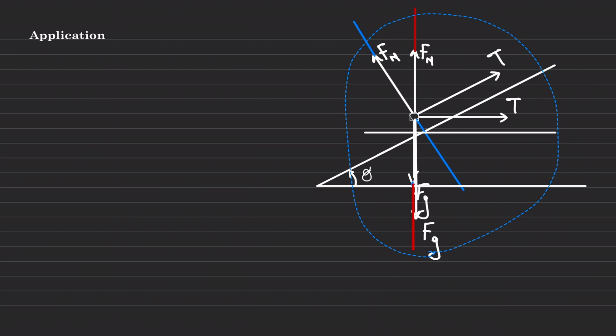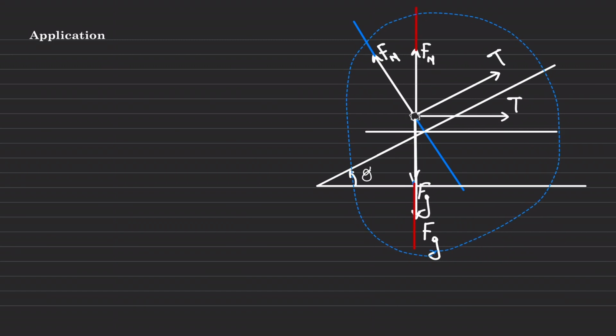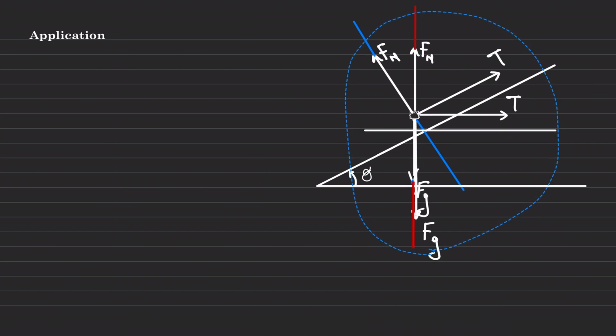I have superimposed them, and you will notice that the blue line deviates from the red line. And the question is, by how much do they deviate? And also on this side, the red line deviates from the blue line. By how much do they deviate?